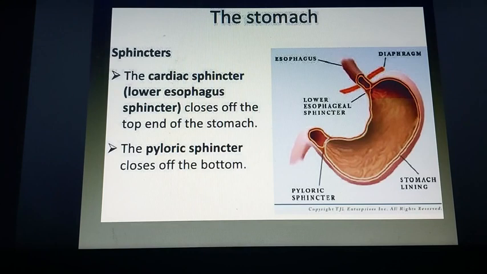Coming to the sphincters, the cardiac sphincter and pyloric sphincter. The cardiac sphincter closes off the top end of the stomach, and the pyloric sphincter closes off the bottom.